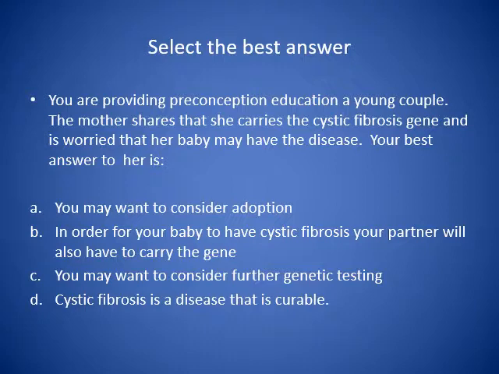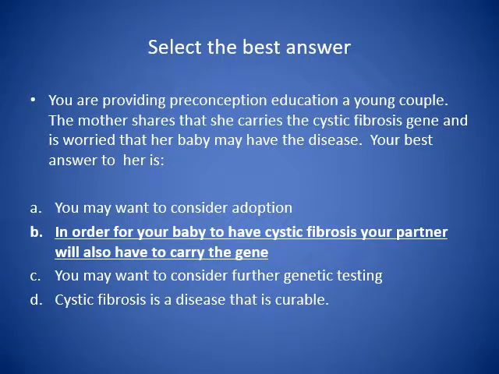B, in order to have a baby with cystic fibrosis, your partner will also have to carry the gene. C, you might want to consider further genetic testing. Or D, cystic fibrosis is a disease that is curable. The answer is B. It's an autosomal recessive gene, so both partners have to carry the gene.